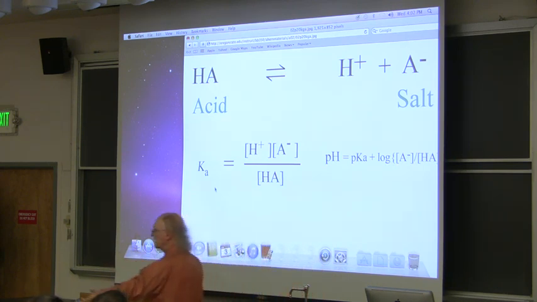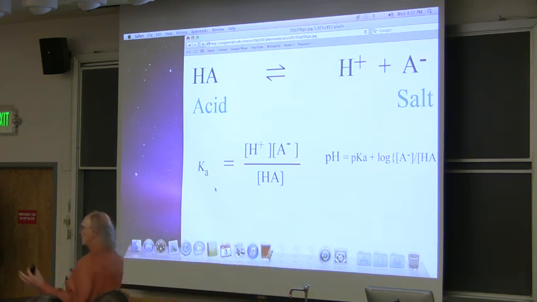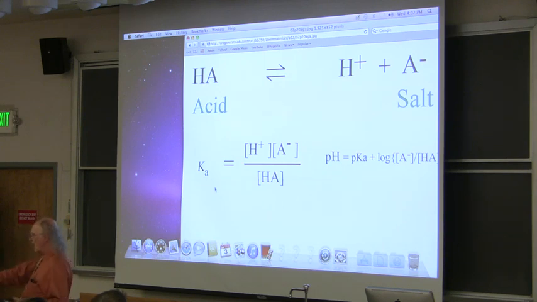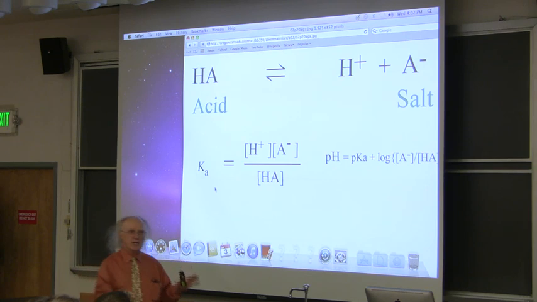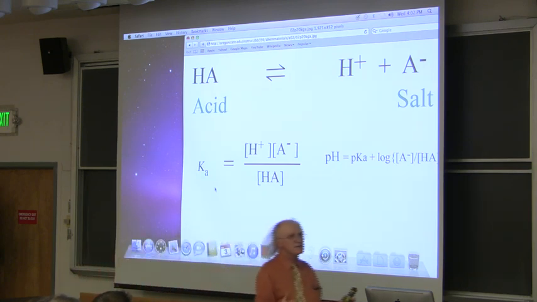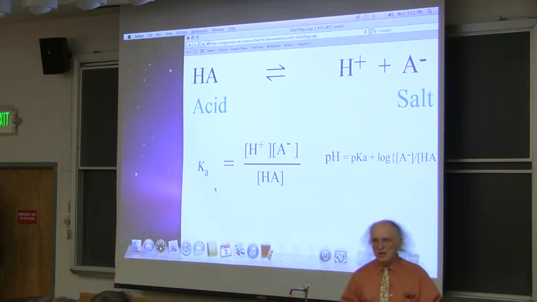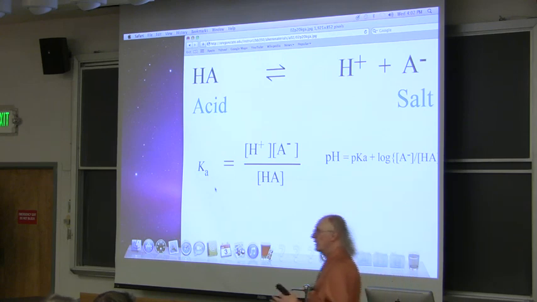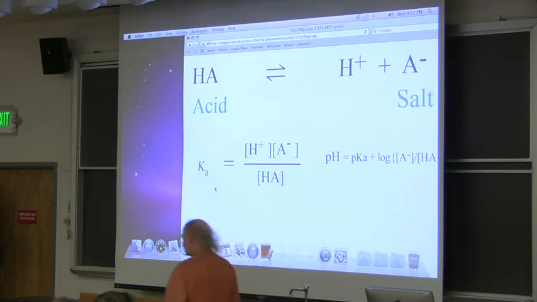You put a strong acid in solution, all the protons come loose. The pH drastically changes if you don't do anything else. Put a weak acid in solution, and you got some ability to help modulate changes in pH. And that's what a buffer does. It resists change in pH. Very, very important consideration.